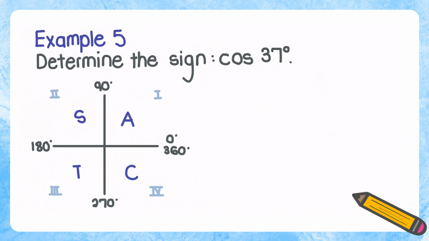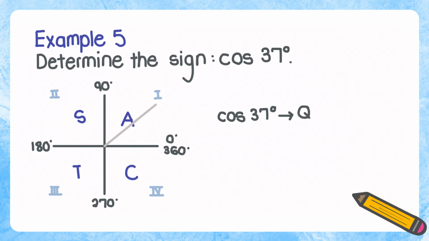Here's the last example for today. We're going to determine whether cosine of 37 degrees is positive or negative. So let's see which quadrant 37 degrees lies in. So 37 is between 0 and 90, probably somewhere around here.